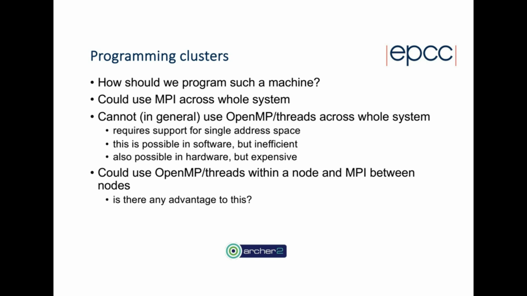So we can run typically 1 MPI process per hardware core. And the MPI implementation is typically optimized in such a way that communication between MPI processes on the same node is done through shared memory rather than across the network. There's a reasonable amount of sophistication in the MPI libraries.